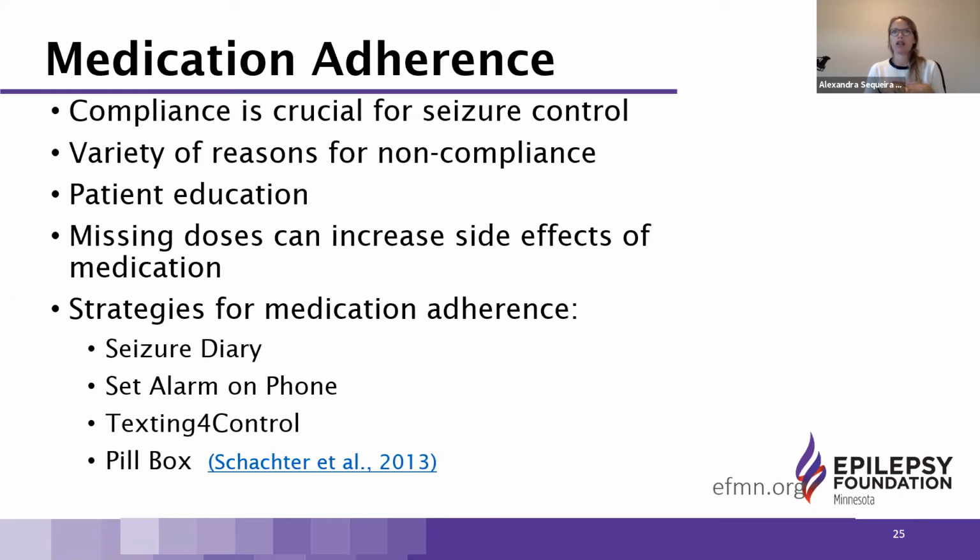But again, it's always best to be super honest with your team, because if your team is under the impression that you actually are taking the medication, then the natural next step in a lot of situations, if an individual is still having seizures, would be to increase the medication.